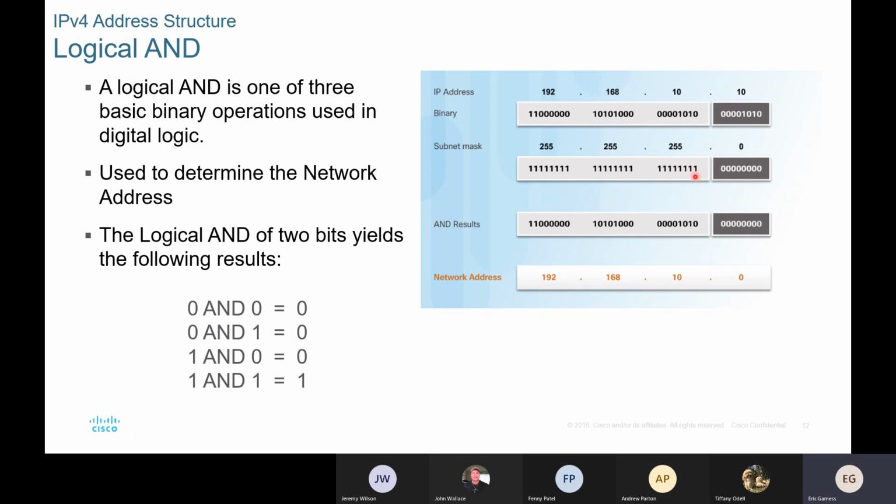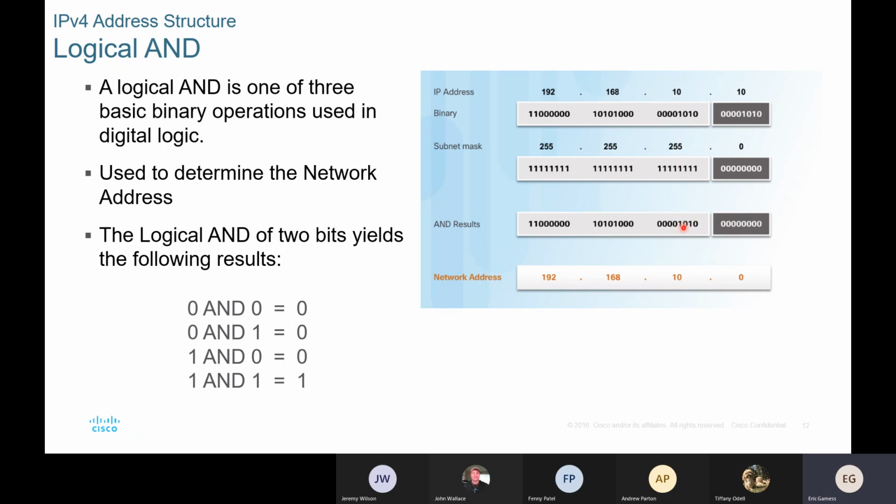Now, when we have a 1 in the net mask, what will happen? If I do X AND 1, what will be the result? X AND 0 is always 0. And X AND 1 will be what? X. Will be X, correct. Which means that here, you can lose your time if you want, saying 0 and 1 is 0, 1 and 1 is 1, 0 and 1 is 0, then 1 and 1 is 1.